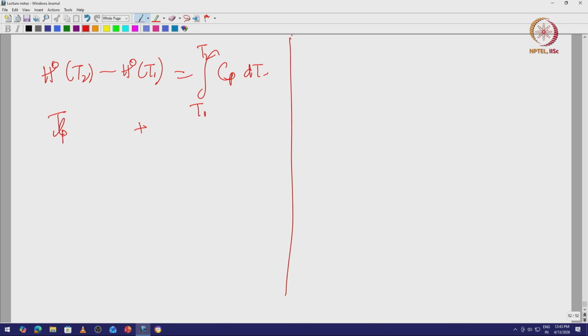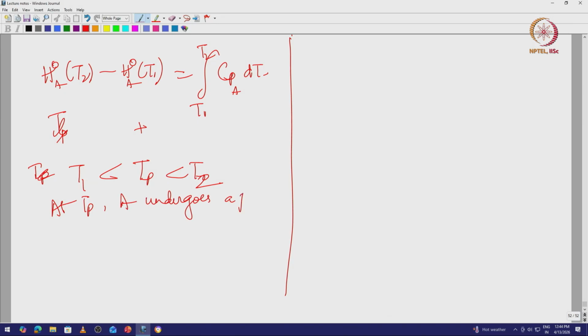At Tp, there is a Tp which is between T1 and T2, right, and at Tp, A undergoes a phase transition. If A undergoes a phase transition, I have this plus the phase transition terms or the latent heat terms.